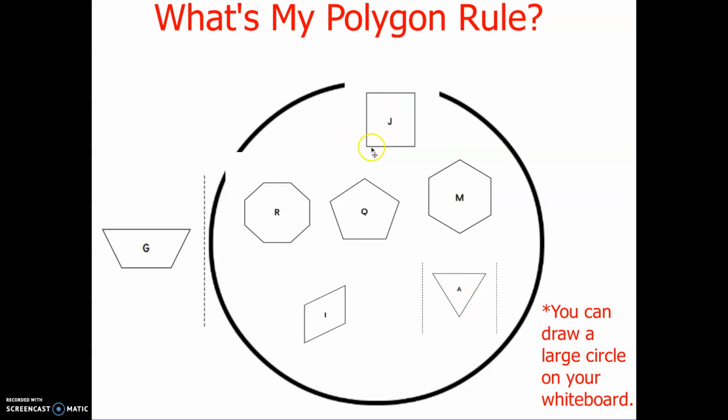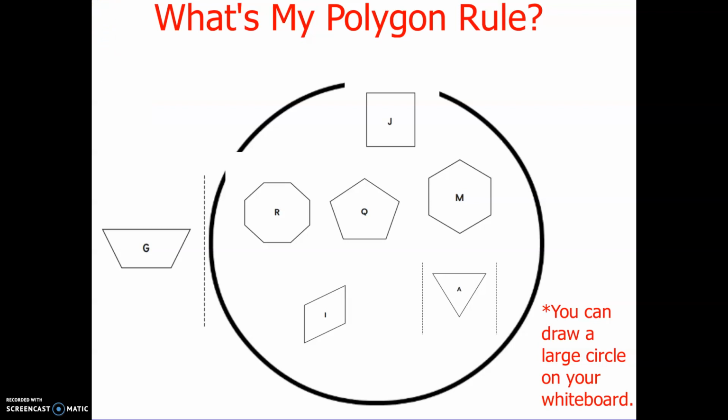And J, all 4 sides are the same length. And Q, all 4 sides are the same length. All the sides in all my shapes inside my circle are the same length. But G is not. It has 2 sides that are the same and 2 sides that are not the same length. So G does not fit my rule.